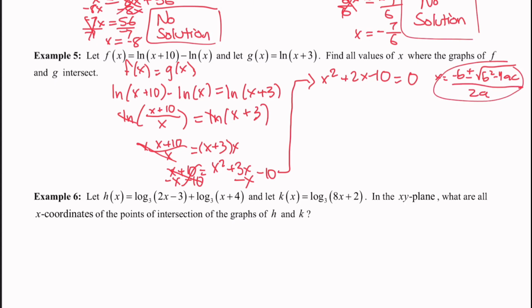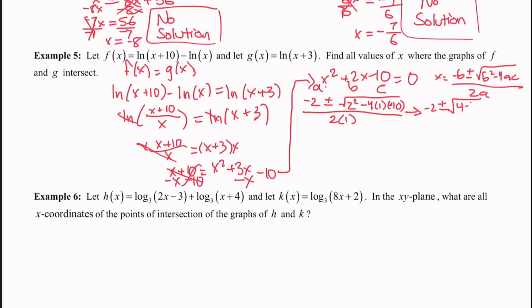Now we can plug in our values. Remember, this is A, B, and C. I like to do this first, so let's do that.